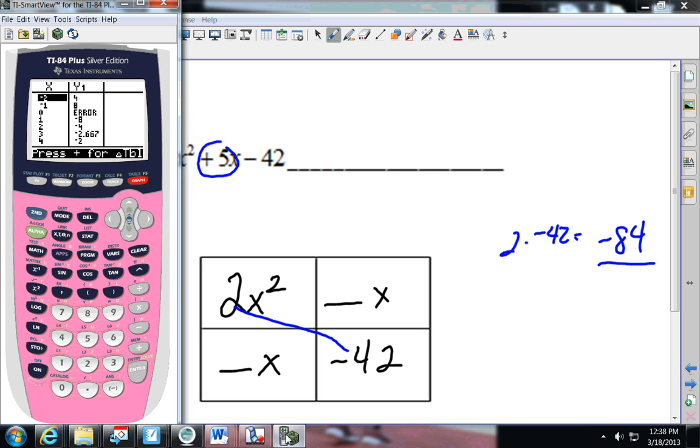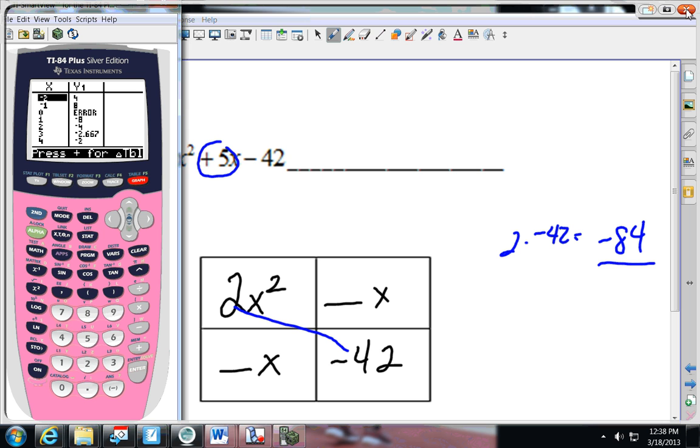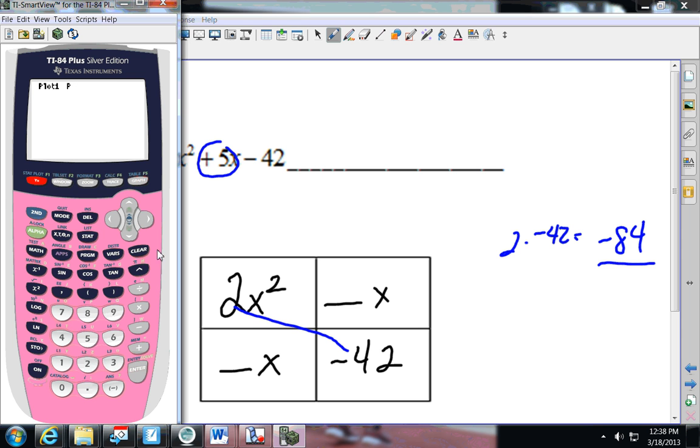Yep, you go into the calculator, go to y equals, and put in negative 84 divided by x. I press second graph, and I'm looking to see which ones add up together to give me positive 5. Well, this gives me positive 25.